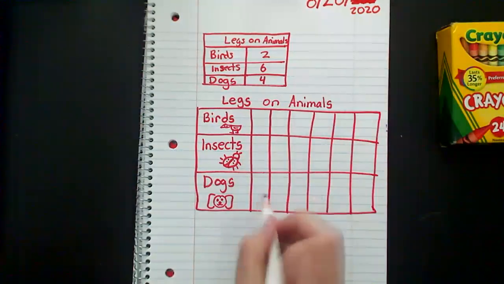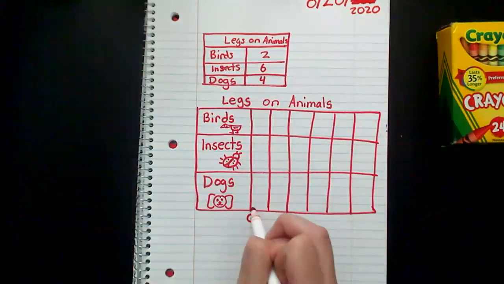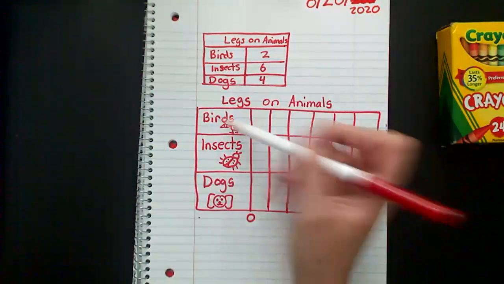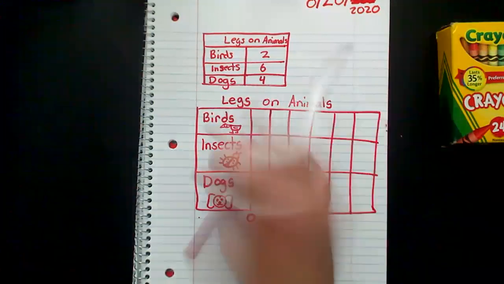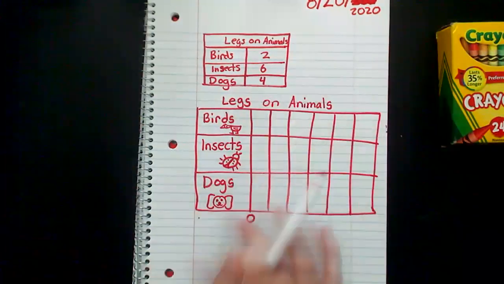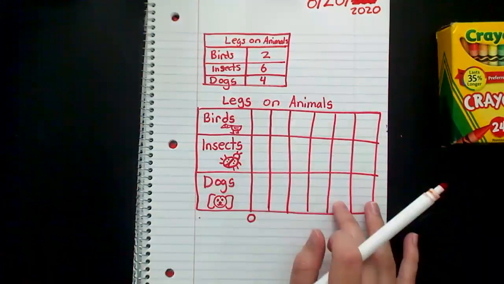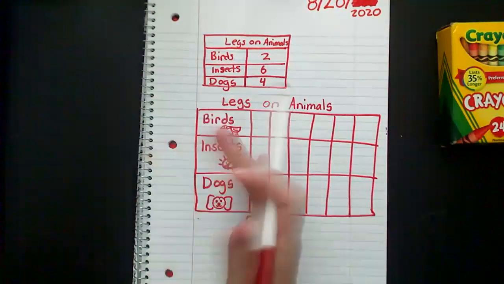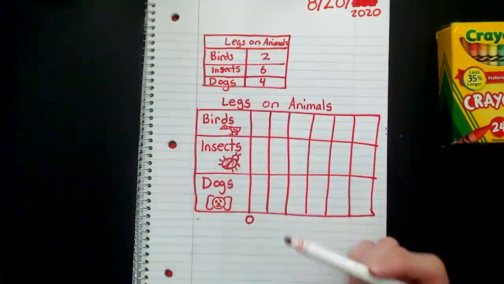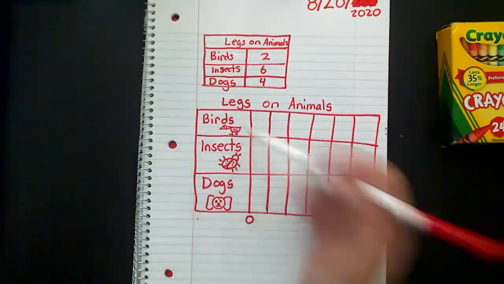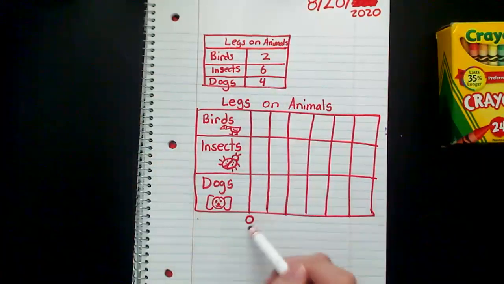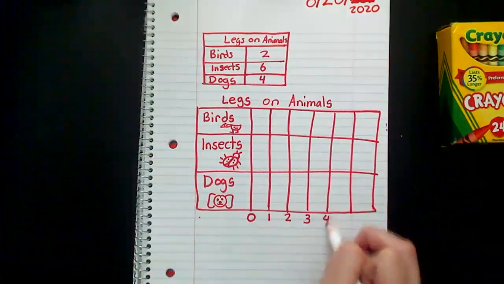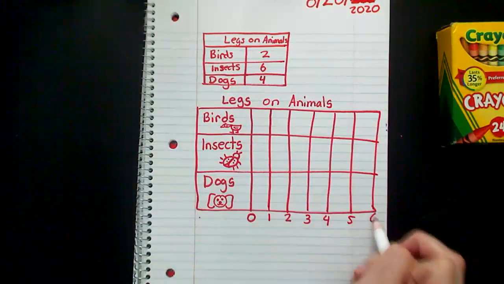Okay, so at the beginning here, we start with 0, because if we start over here, then you're going to mess up the titles of your animals with your data. So always make sure that your 0 starts in front of your titles of the data that you're graphing. So 0, and then we're just going to label 1, 2, 3, 4, 5, 6.